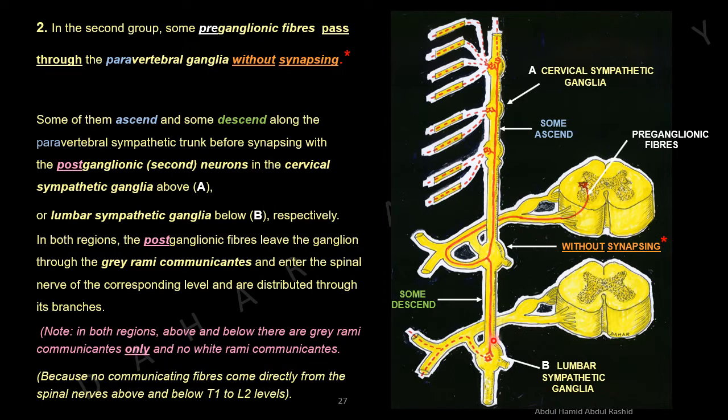Some will descend to the lumbar region. Those that ascend to the cervical region will synapse at the cervical sympathetic ganglion, and the ones that descend to the lumbar region will synapse at the sympathetic ganglion in the lumbar region.